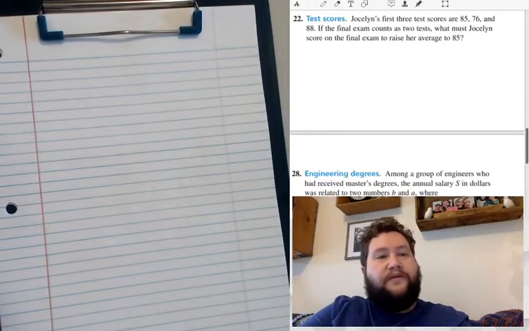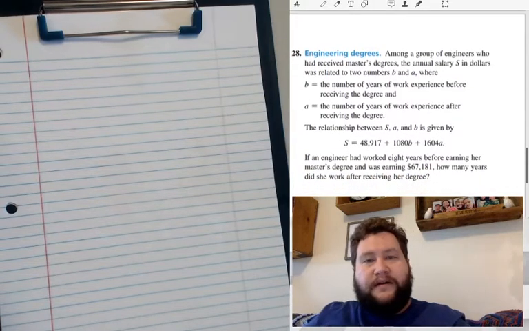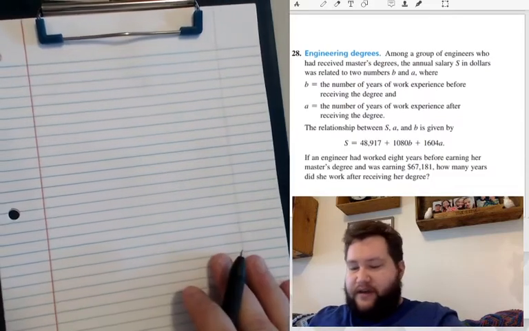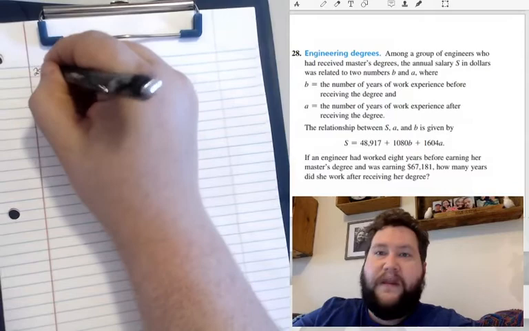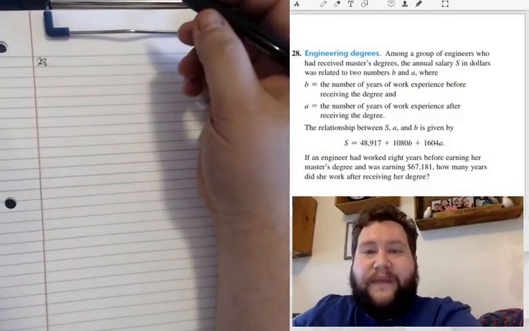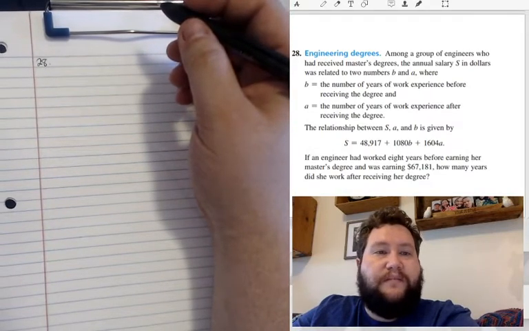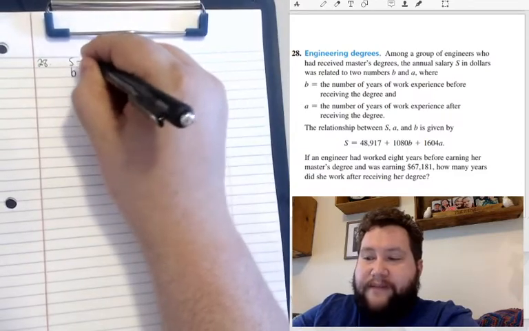So moving to another example. This one's a little bit longer. It says engineering degrees. So if anyone has engineering in their future, we'll talk about that at the end of this problem. It says among a group of engineers who had received a master's degree, the annual salary S in dollars was related to two numbers B and A. So S is salary.